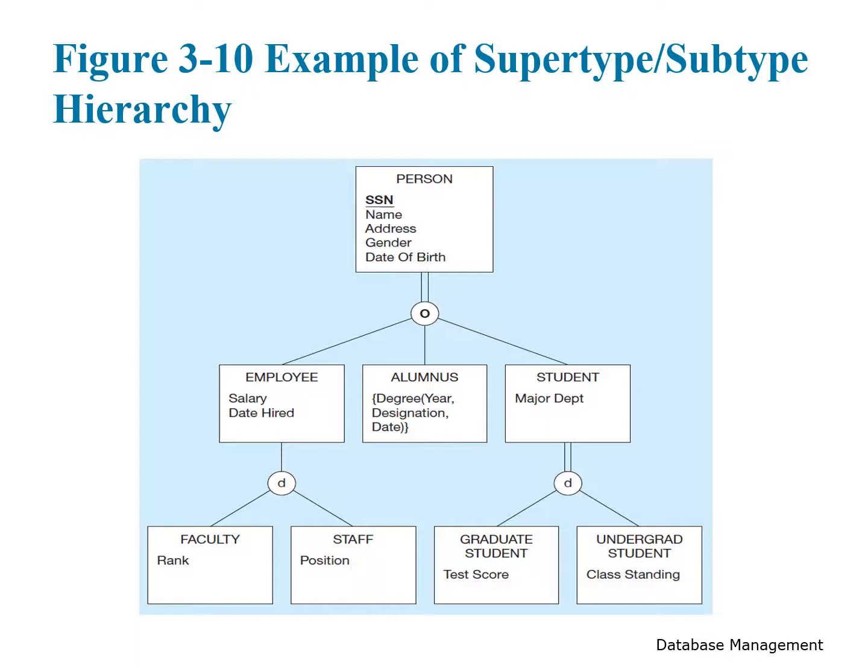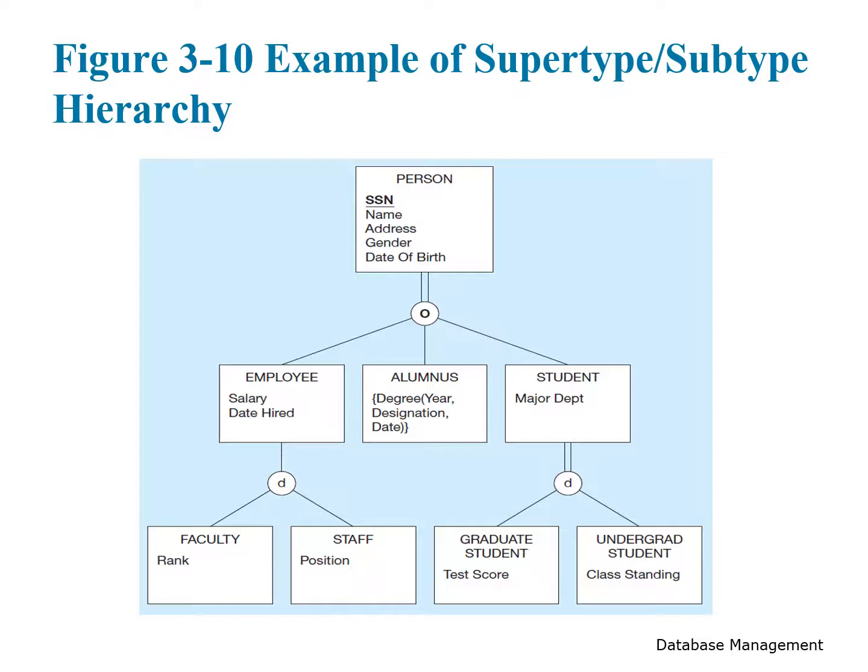Here we see the faculty is a type of employee, which is a type of person. Note here that a person must be either an employee, alumni, or student. Is it possible for a person to be both an employee and a student? Why or why not? Yes, because of the overlap rule.